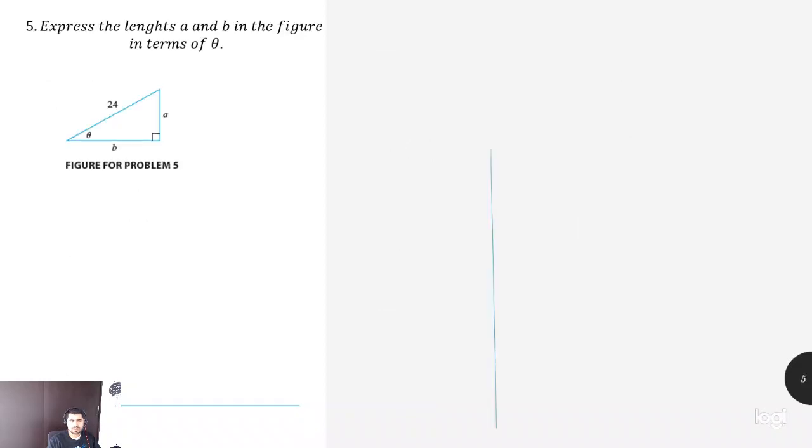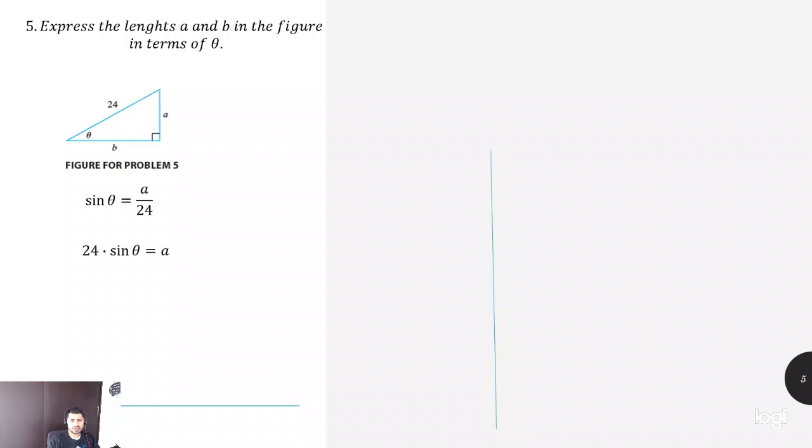Number 5, express the lengths a and b in the figure in terms of theta. So the hypotenuse is 24, and you have a and b as the sides of this triangle. So then you can go with the sine of theta is exactly the opposite side, which is a, over the hypotenuse, which is 24.